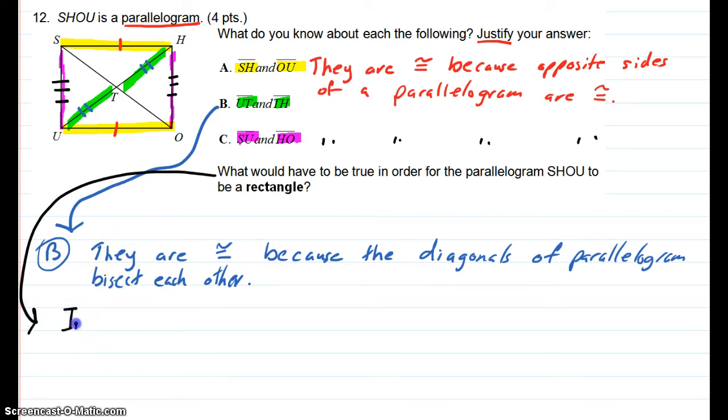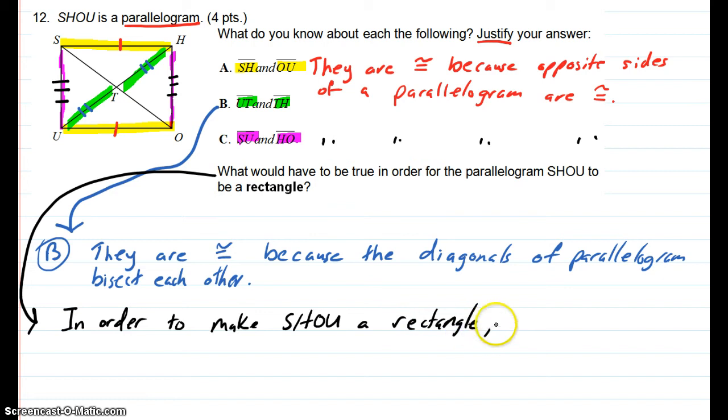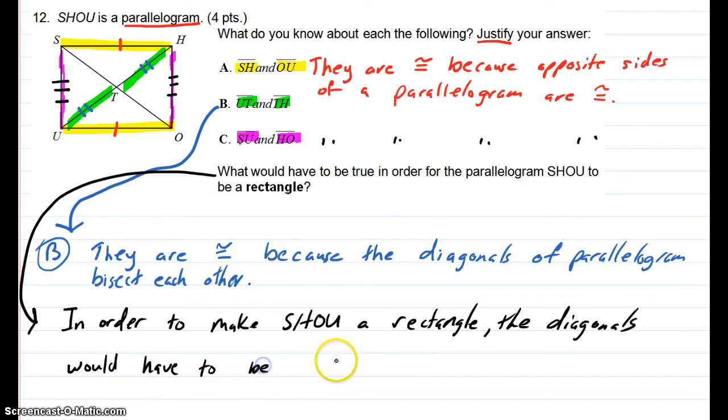So in order to make SHOU a rectangle, the diagonals have to be congruent.